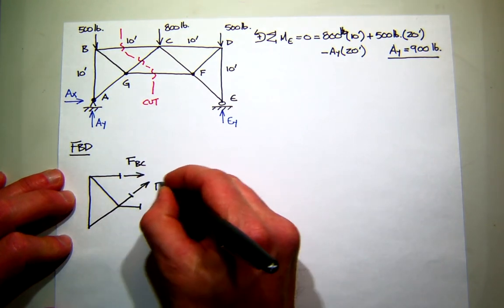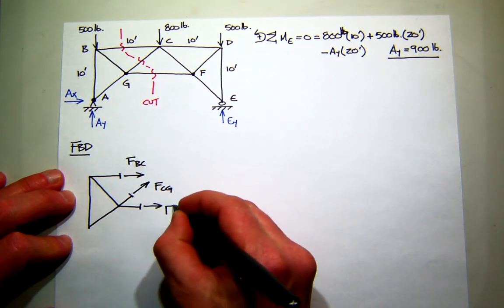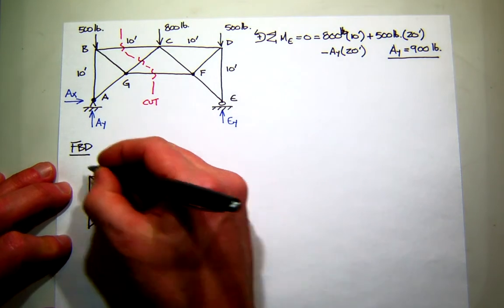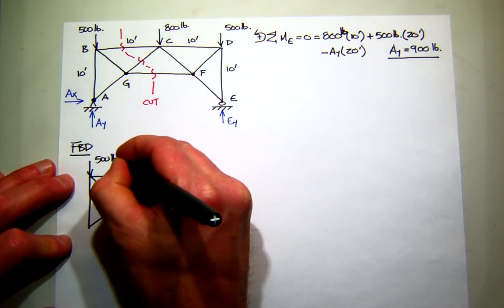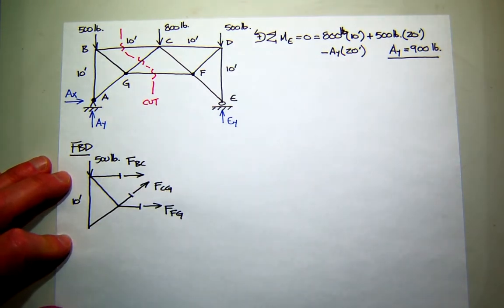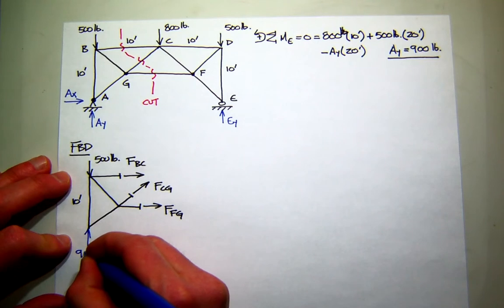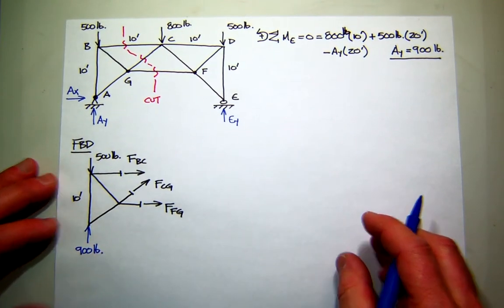This would be the force in CG. And this would be the force in FG. I've got an applied 500-pound force there. This is 10 feet. And I found my reaction was 900 pounds and acting up. I think that's everything on the free body diagram. Does that look okay?